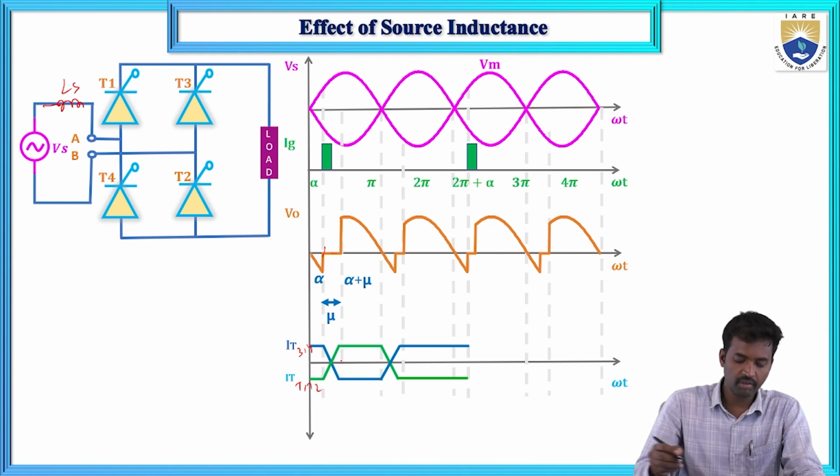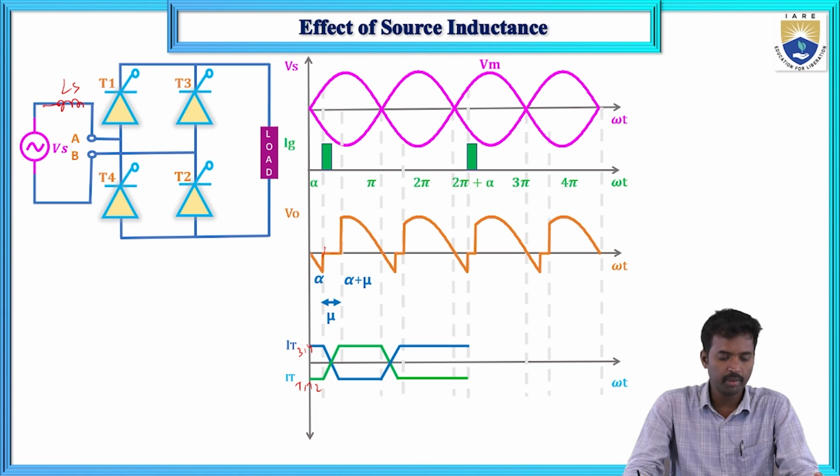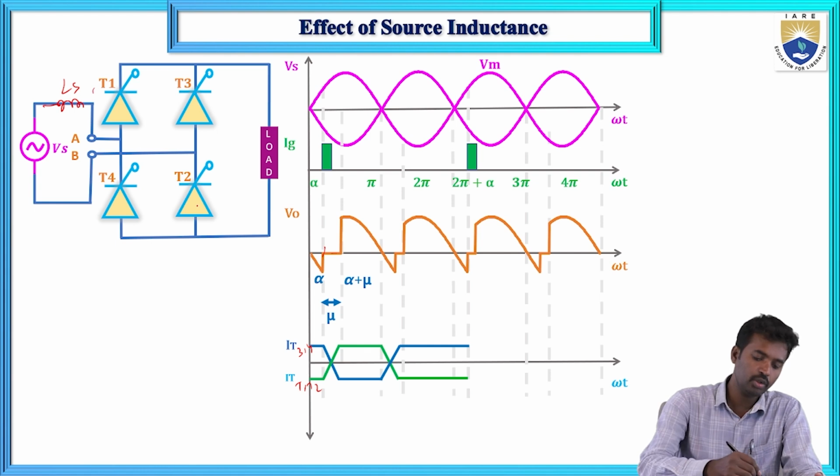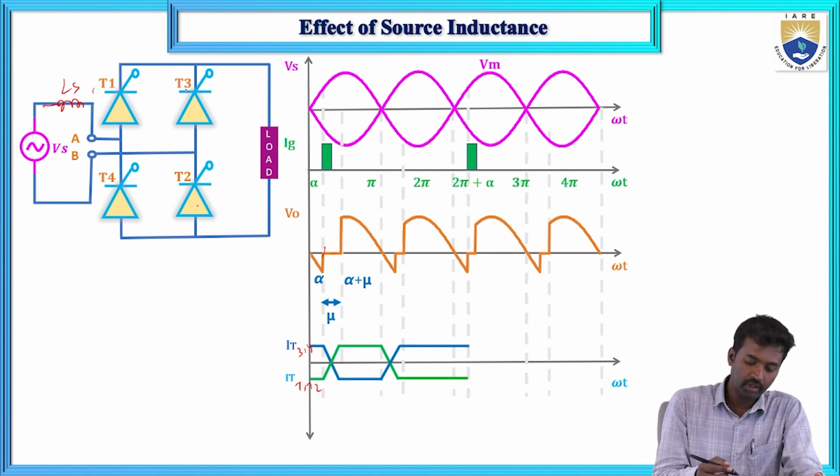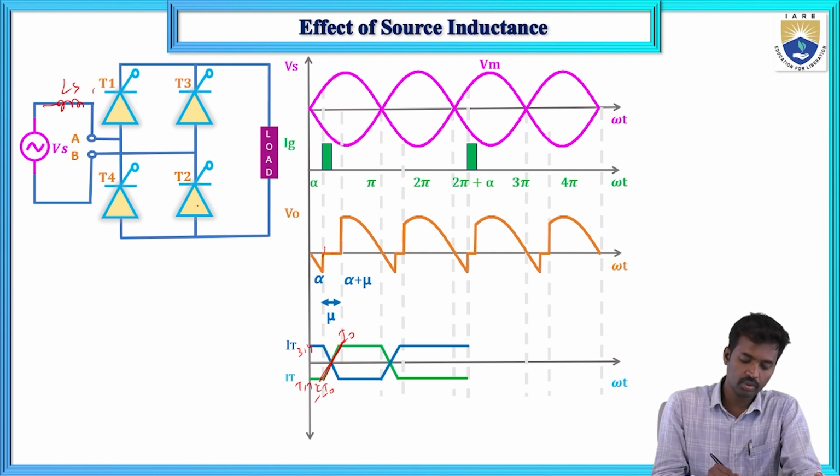So first IT1 must start from its value. What will happen because of this source inductance? T1 and T2 will conduct. The current will not move instantly from minus I naught to I naught. It will take some time to reach from minus I naught to I naught, so it has some slope.